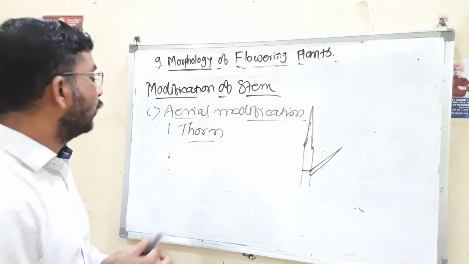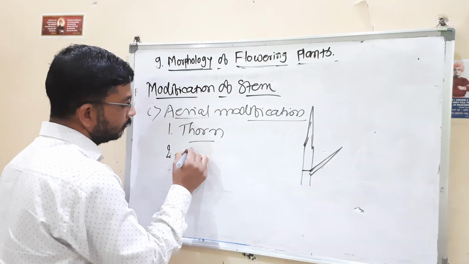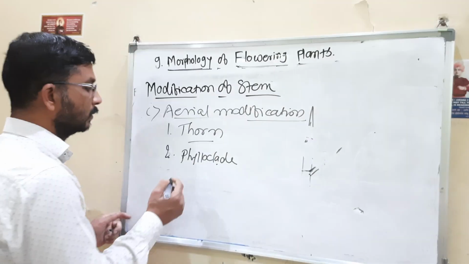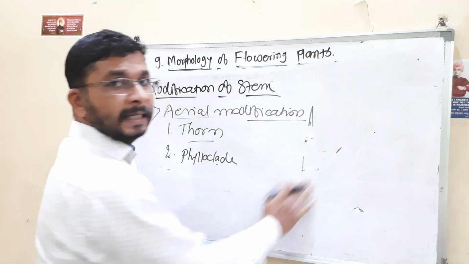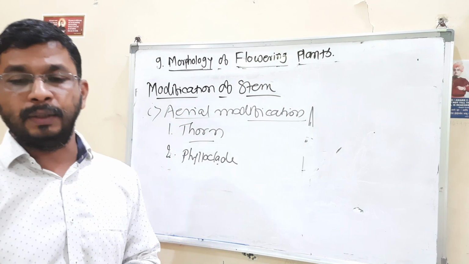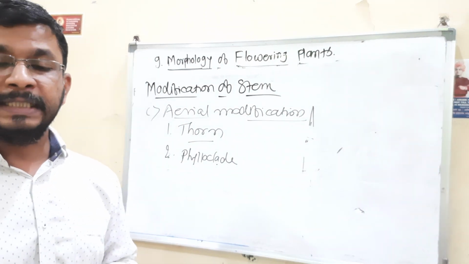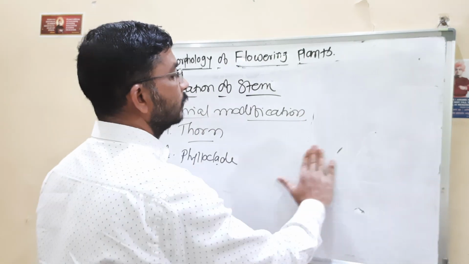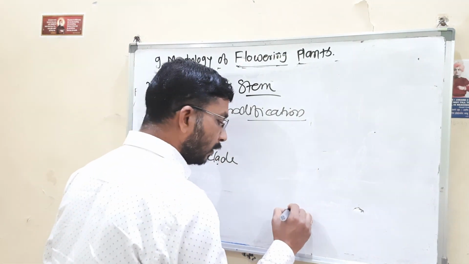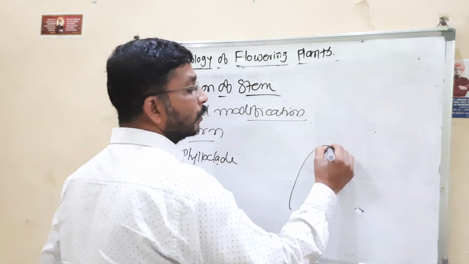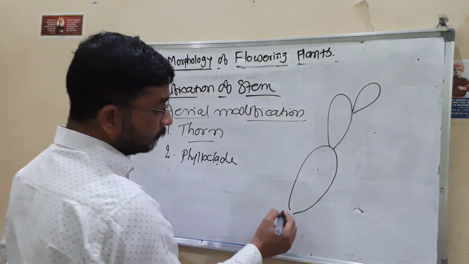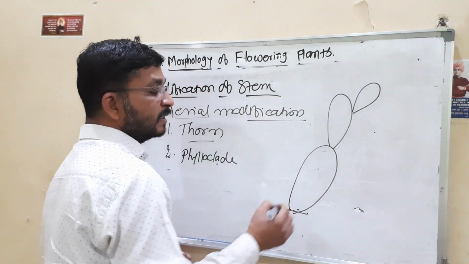Then next is phylloclade. This phylloclade is a modification of stem into a leaf-like photosynthetic organ. Here in our book, we find this kind of structure.